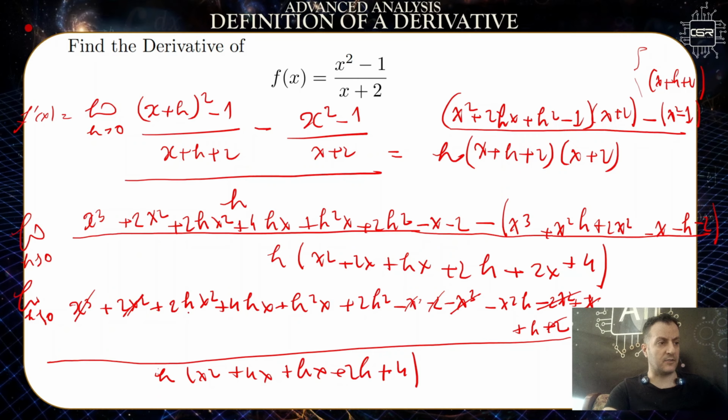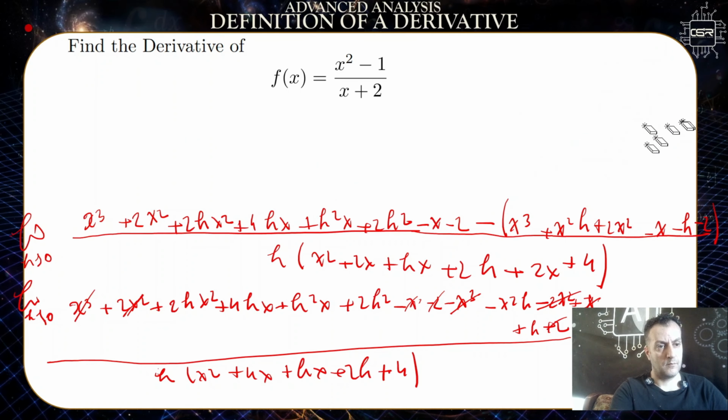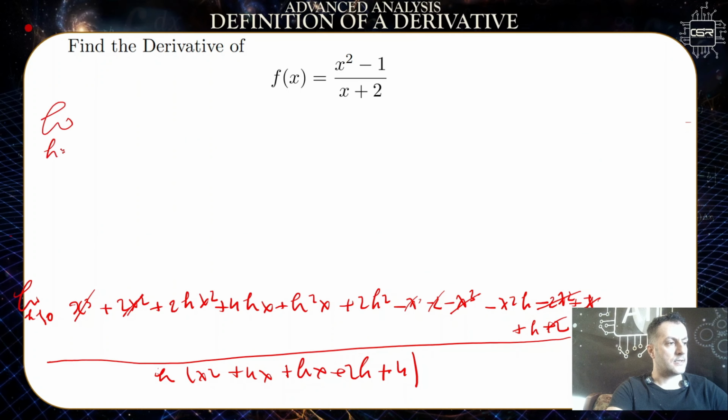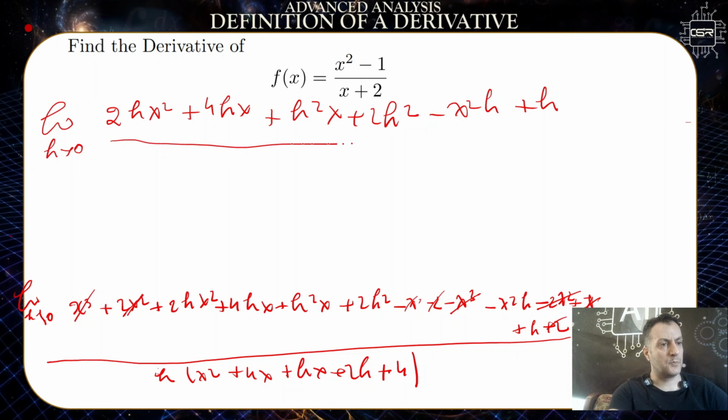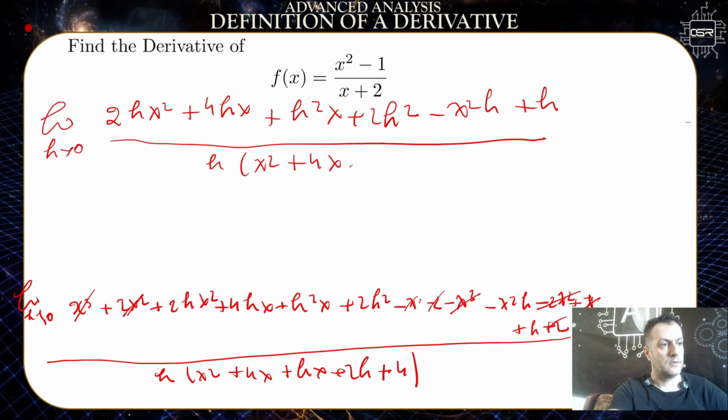Okay, let me make it a little bit cleaner. So limit as h approaches 0 of 2hx squared plus 4hx plus h squared x plus 2h squared minus x squared h plus h divided by h times x squared plus 4x plus 4 plus hx plus 2h. I removed the 4 to the left.